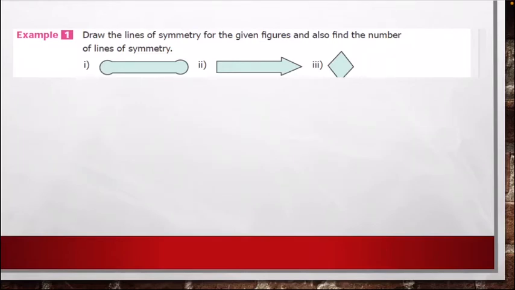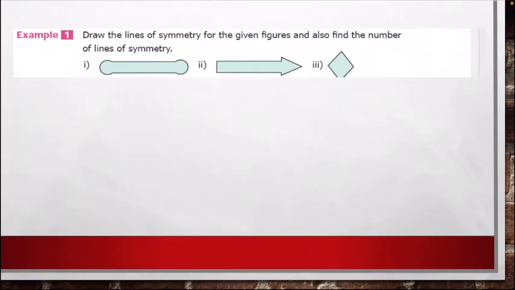Now let us recap for a moment here. Shall we recap, students? Okay. The first thing that we learned is the introduction of symmetry. You also learned about symmetry in real life. You can see a symmetrical flower or a symmetrical leaf in a garden. So what is a line of symmetry?